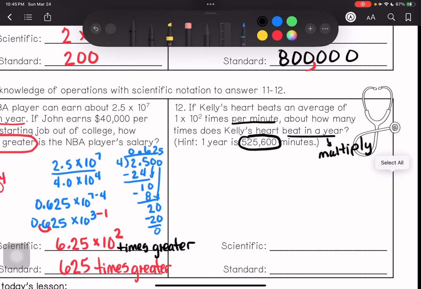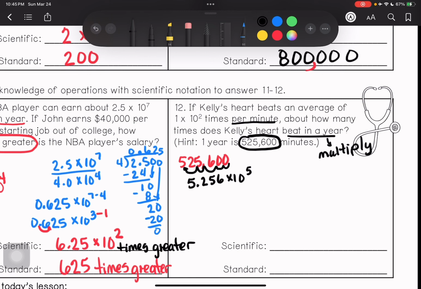So first we're going to change 525,600 to scientific notation by moving our decimal 1, 2, 3, 4, 5 times to the left. So it gives me 5.256, so 5 and 256 thousandths times 10 to the 5th power.